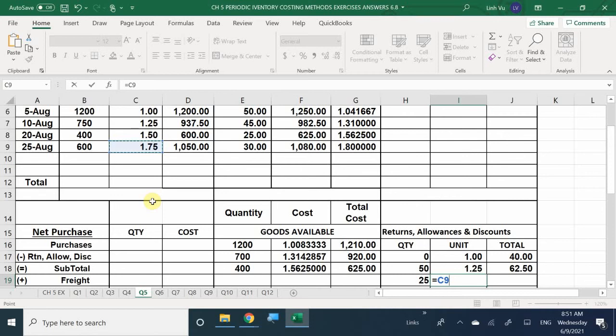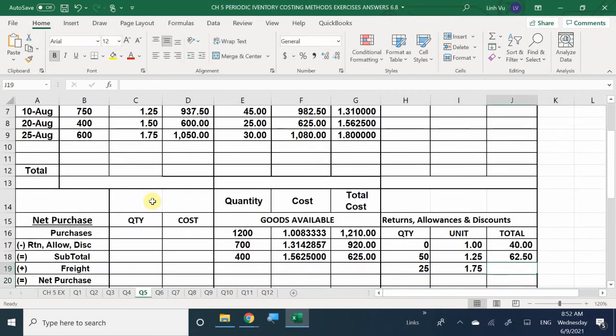In this case, it's from the latest batch, the one that we purchased on August 25th, for $1.75. And because we're getting a full refund, it's 25 times $1.75. 43.75.